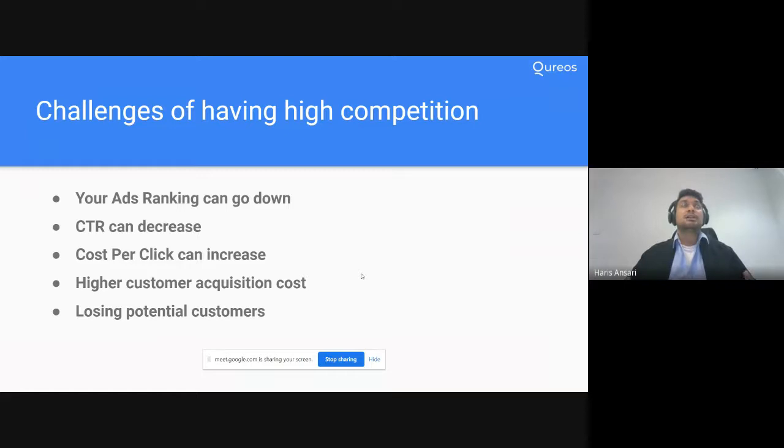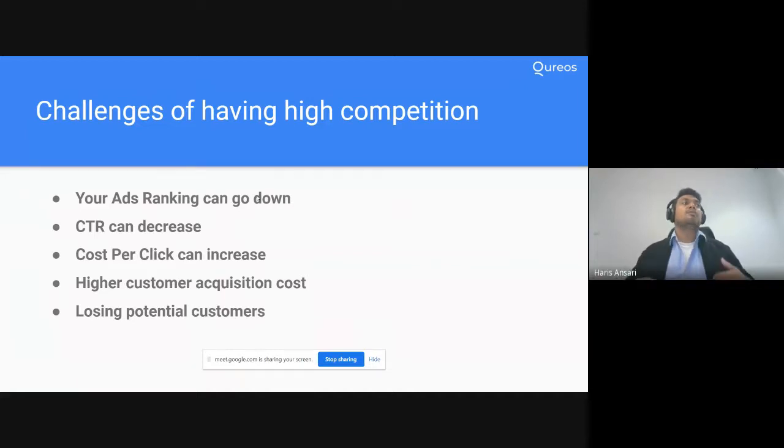If you think of a scenario where the competition is high, what can be the repercussions of that? Your ad ranking can go down. We all know that when we search for a keyword, there are multiple ads listed in the search results. So if the competition is high, there is a probability that you can lose your rankings. Let's say you were ranking on the first position previously, then you start to deteriorate because of your competition.